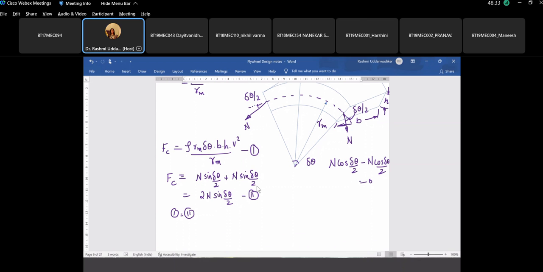And so I am also writing the same expression as 2N delta theta by 2, or this is simply N delta theta. For small value of theta, sine theta is assumed to be equal to theta.